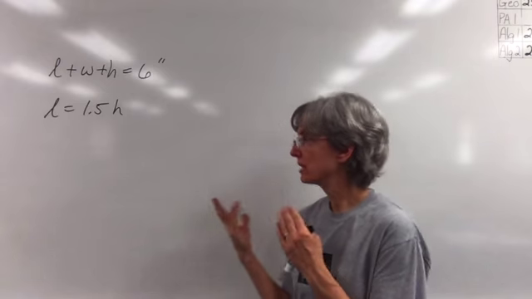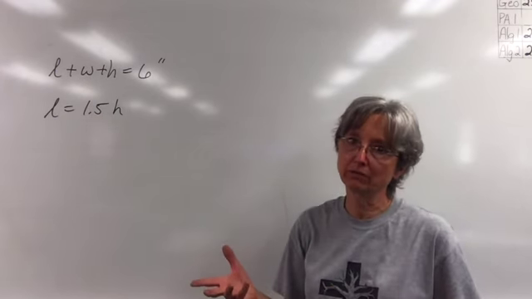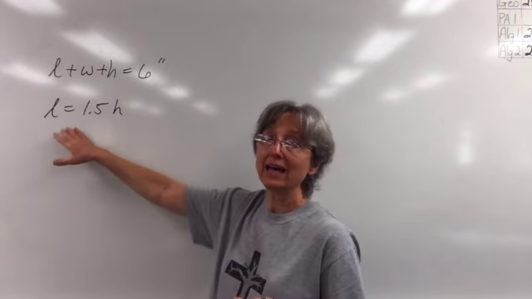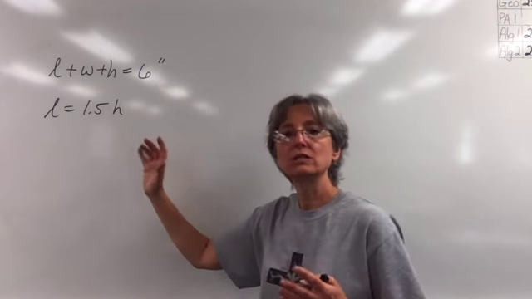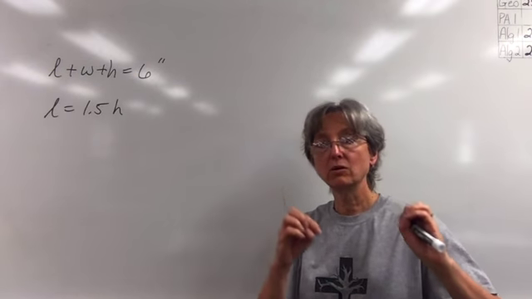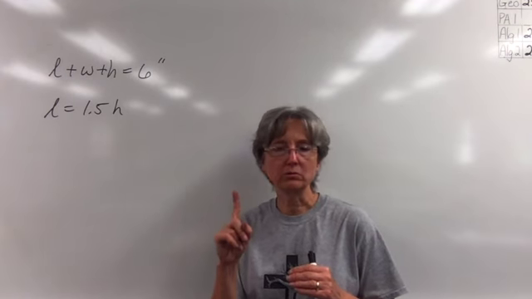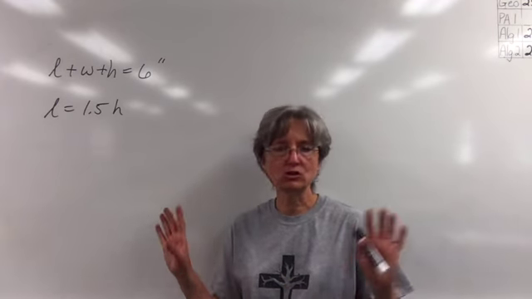So first, they tell you the length, they want the length to be 1.5 times the height. You need some information to do this. So that helps a little bit. Now what we need to do is come up with terms to represent the length, width, and height, but we really want them to be just with one variable. If we're dealing with L and W and H, it's just too much.